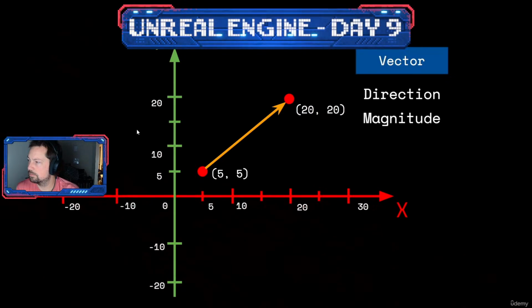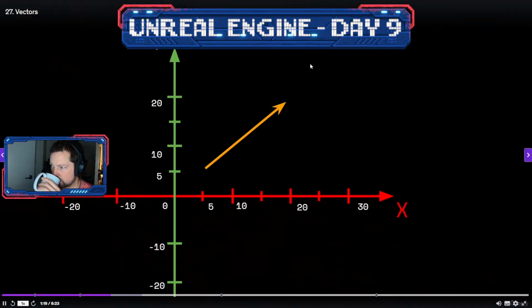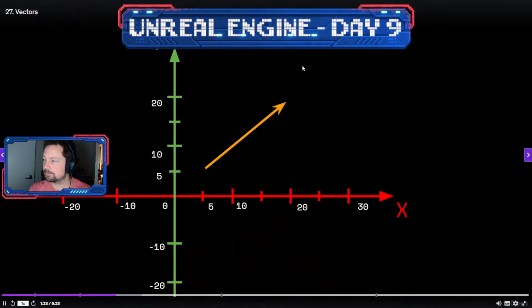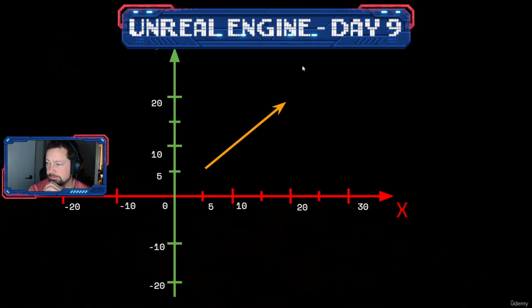So if a vector contains direction and magnitude information, how is that information stored? Well, similar to 2D coordinates, which are stored in an ordered pair, a 2D vector has x and y components. How do we figure out the x and y components of this vector, starting at 5, 5 and ending at 20, 20?